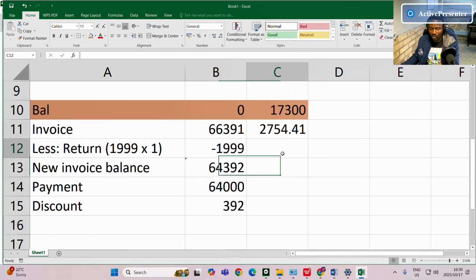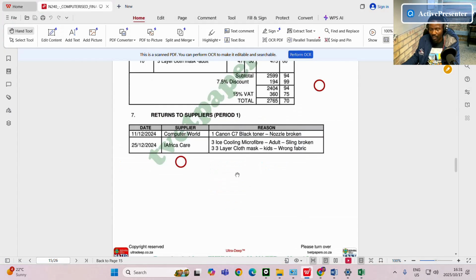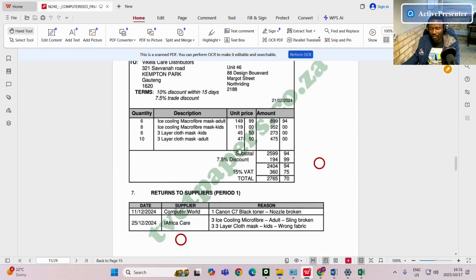So this is what I'm going to do with returns, 0. So obviously, if I take invoice minus the returns, which is 0, I'll get the same amount. Now, what I need to do is I need to get the discount. How do I get the discount?